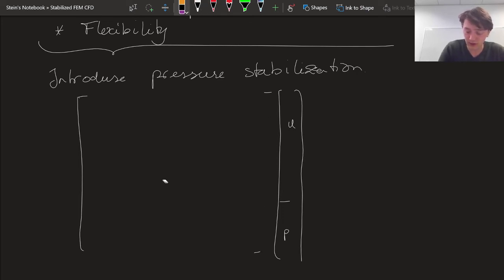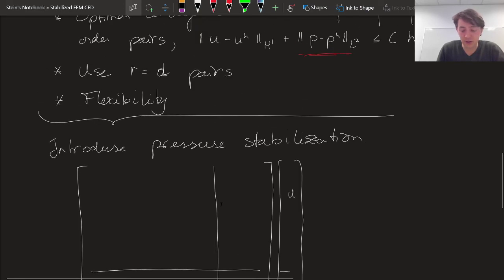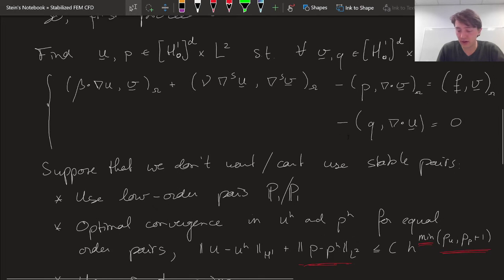As we know from our analysis of the Stokes equation, that normally gives us a saddle point problem, where the bottom right corner is 0. Then on the top right and the bottom left corner, we had these divergence terms, which are exactly the terms that we've been analyzing for a couple of videos. And this term would end up in the upper left corner.